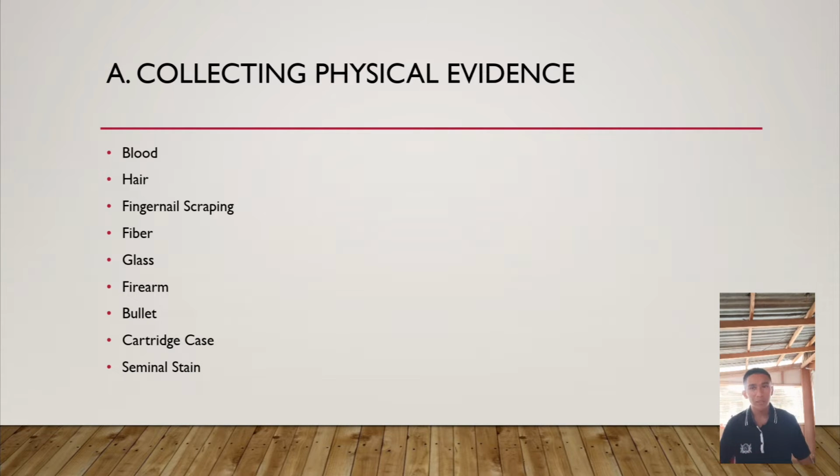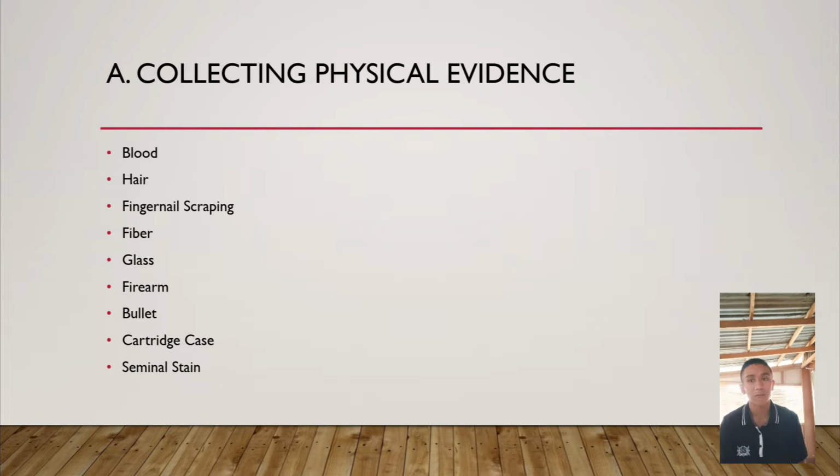So the second one is collection of dry blood. On an absorbent surface, bring in the entire object or cut out the stain area and bring it to the laboratory. On a non-absorbent surface, scrape up the sample and place it in a container, or if possible submit the entire article.